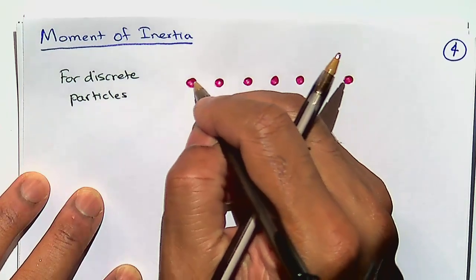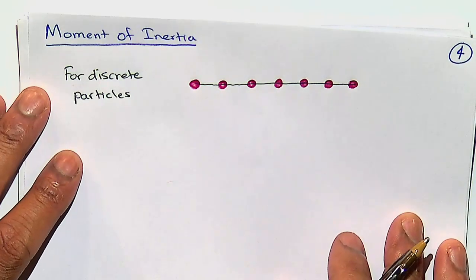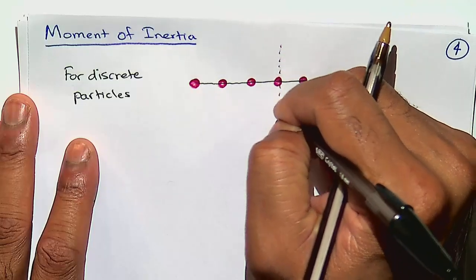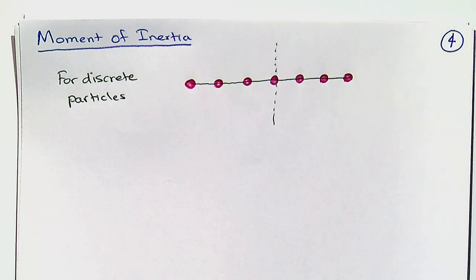So let's connect them together so they can rotate as one object, and let's say this is the center. As we saw in the demo, the moment of inertia depends on how distributed the mass is. More concentrated, the moment of inertia is smaller. If you have mass that's distributed really far away from the center of rotation, then you have a larger moment of inertia. It's not just mass here, it's how the mass is distributed.